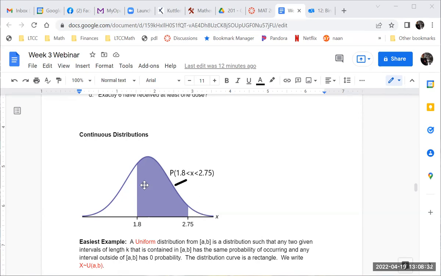What's the formula for the area of a rectangle? Base times width, isn't it? Yep, base times width. Length times width is fine too. I typically use base times height, whatever you want to call it.